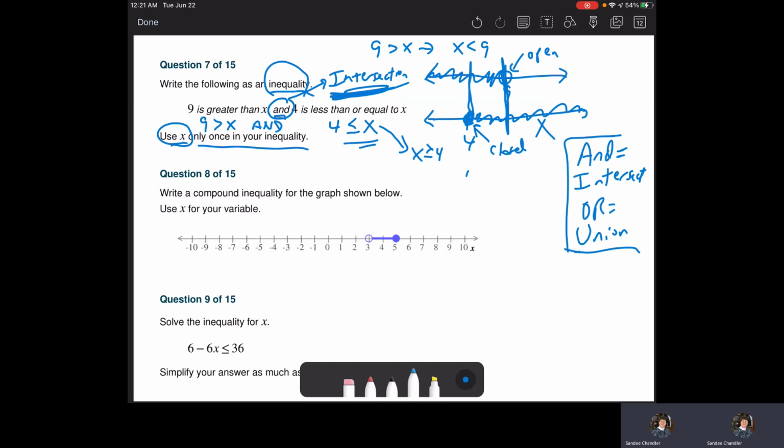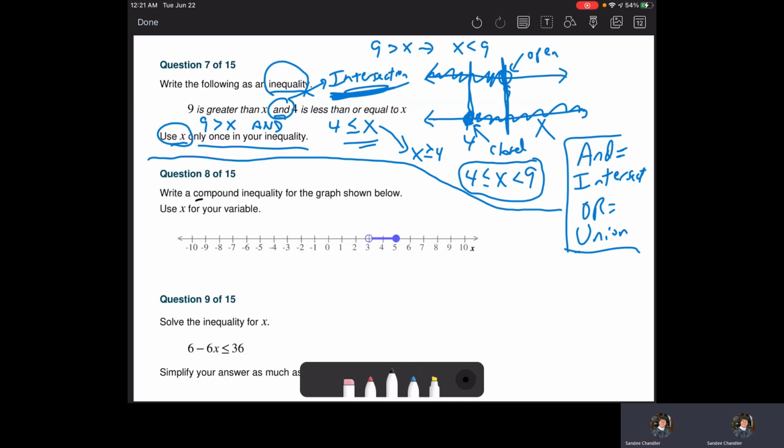Well, it's the same idea. 4, x is in the middle, and you're going to an open 9. So that's the inequality. The inequality puts the x in there with the inequality signs. The interval has everything understood based on the parenthesis or the bracket.